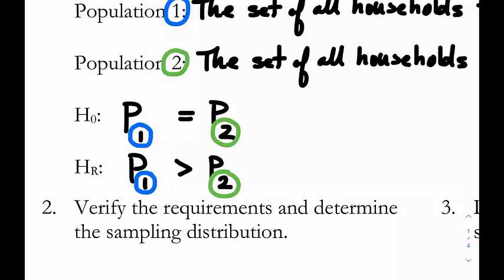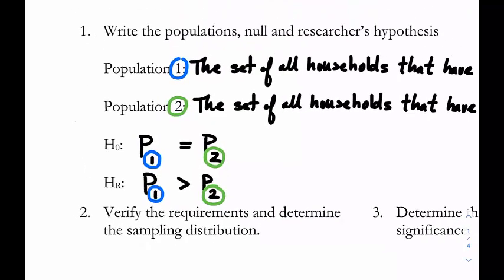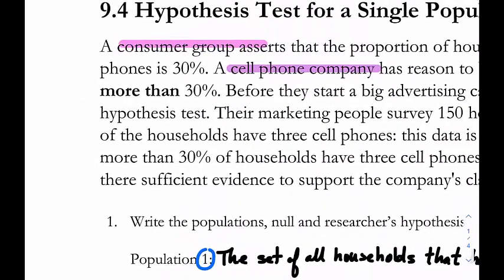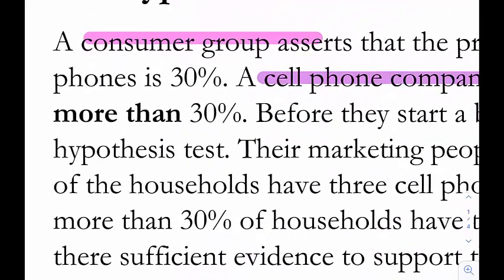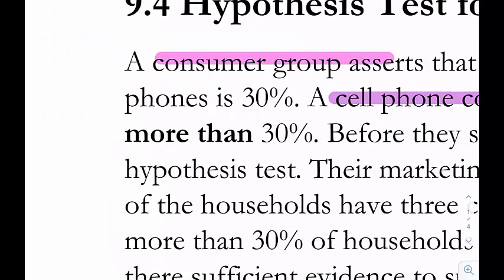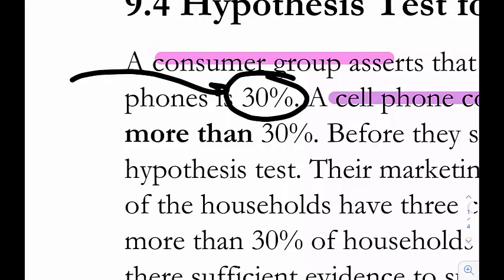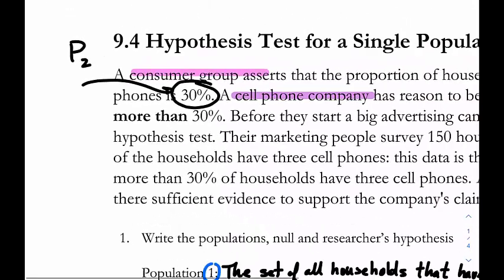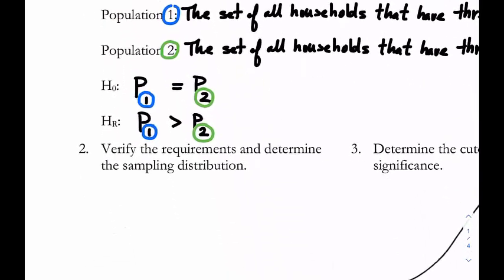However, in this case, we know the researcher is identifying P2 as the 30%. So that 30% is P sub 2. I can go ahead and erase that and substitute that value there.